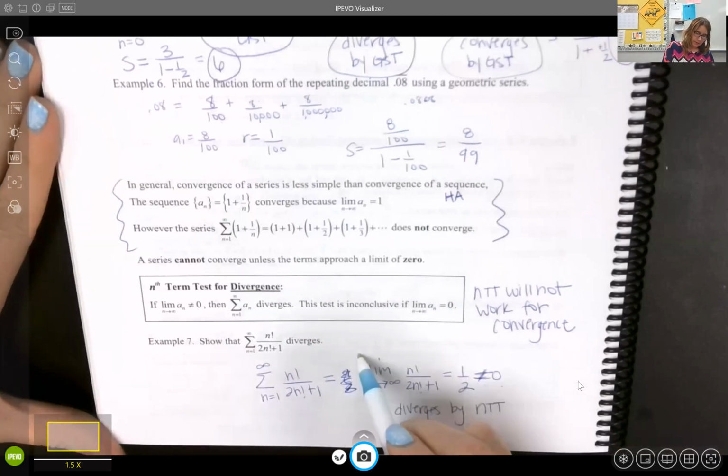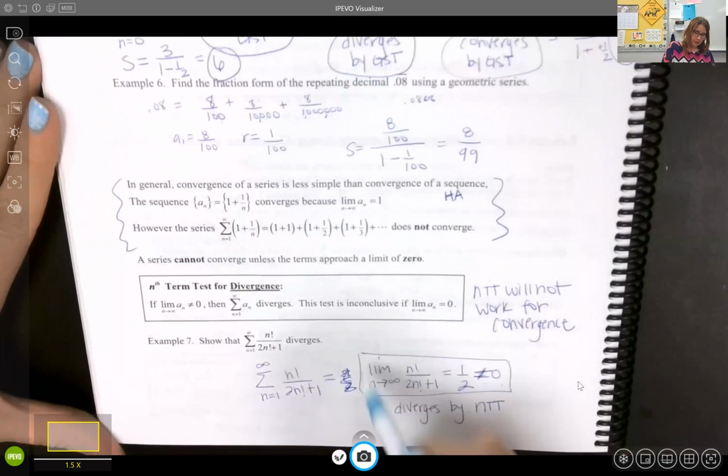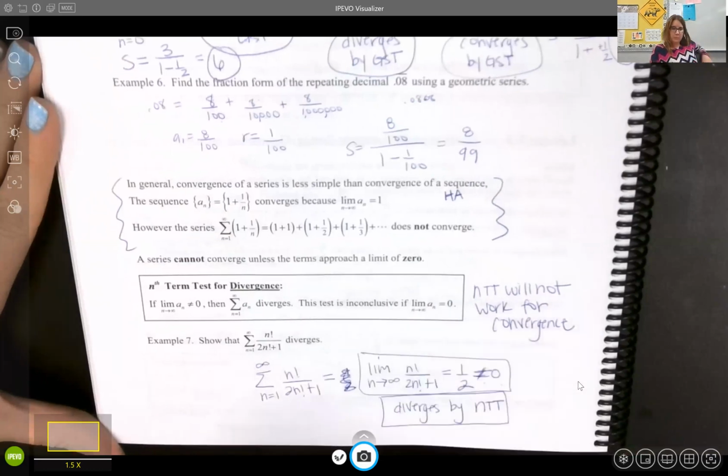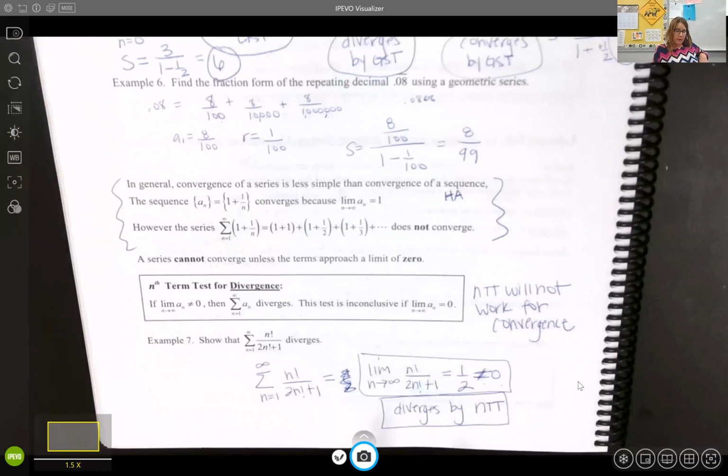I have to show this step, and I have to show this step. Really important, remember it will never converge by NTT. All we're doing is showing that it doesn't equal 0, so it diverges. If it does equal 0, it's inconclusive and you don't know. Okay, all right, so that is going to be 7.3, and then let me know if you have any questions.